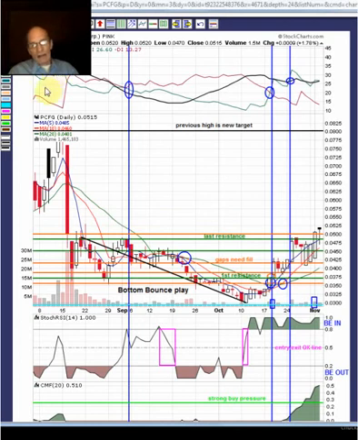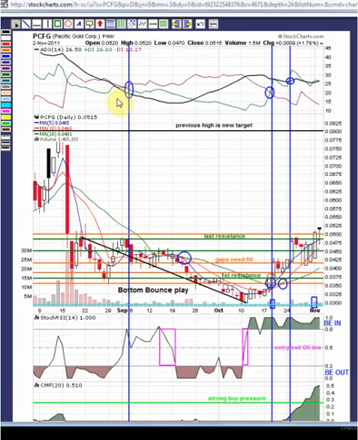So let me show you what I'm talking about. Back here in this area, you can see that finally the negative DMI crossed above the positive, telling you that the trend has reversed.